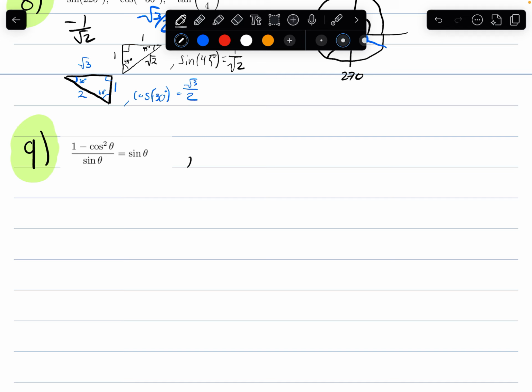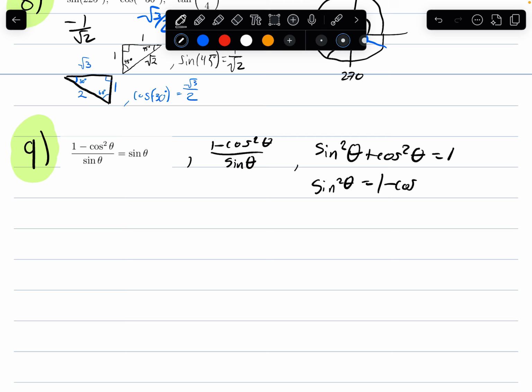So on the left-hand side, we have 1 minus cosine squared theta over sine theta. Now, I have 1 minus cosine squared. Hopefully you guys remember we have sine squared theta plus cosine squared theta equals 1. This is the classic Pythagorean identity. You should know this. Now, solving for, if we subtract cosine squared on both sides, we'll get sine squared theta is 1 minus cosine squared theta. And now this matches exactly here.